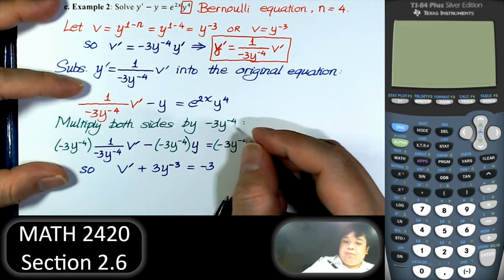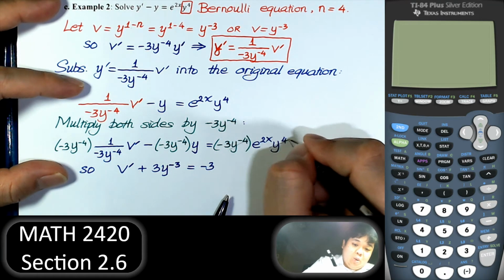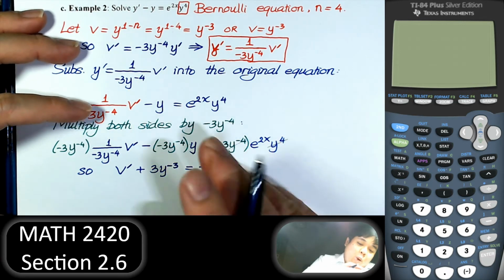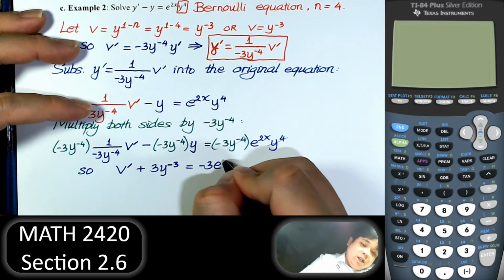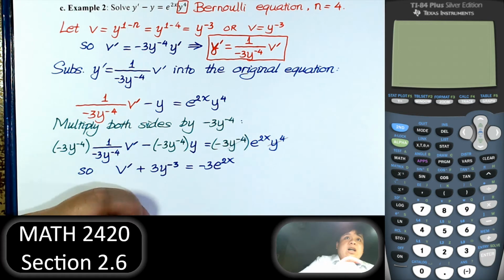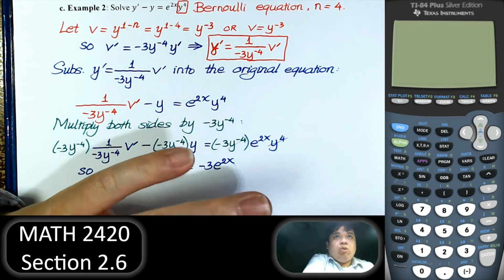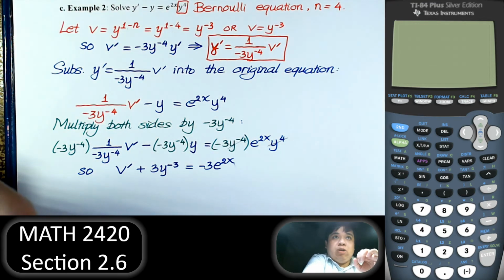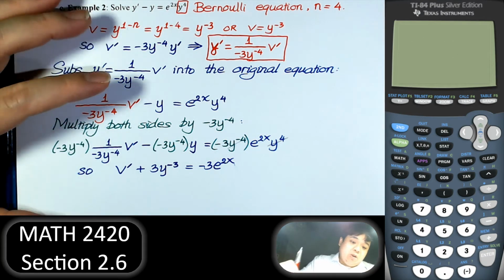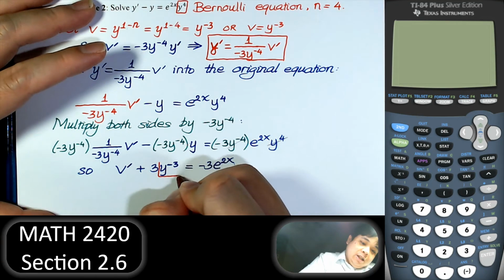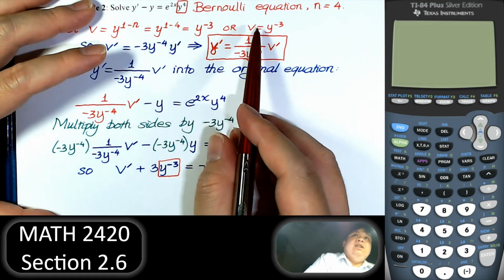It's not always, actually, it is always cancel out. Because what we do here, we're supposed to turn this into a linear first order equation. A linear first order equation has no y on the right hand side, right? That's supposed to cancel out. And furthermore, if it is done correctly, this will be equal to v.